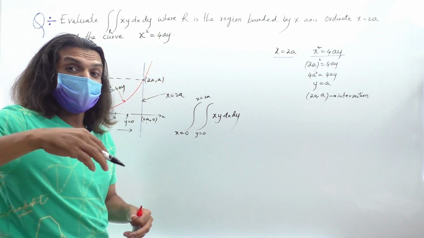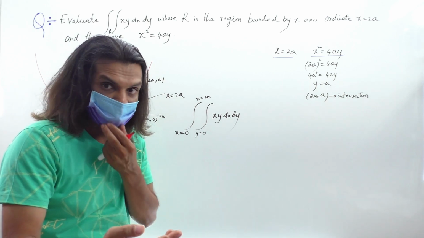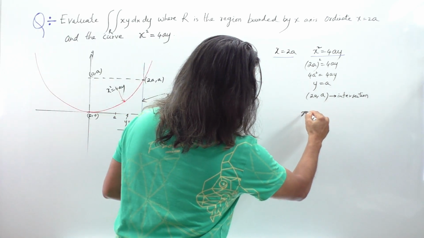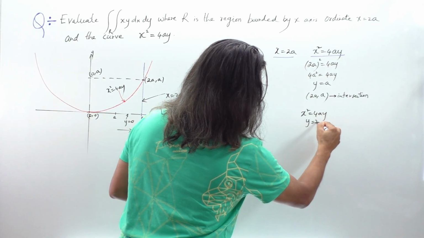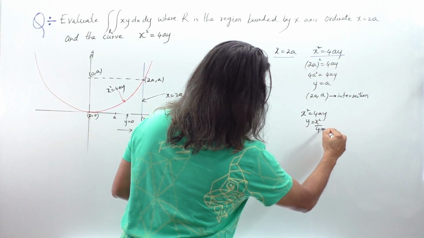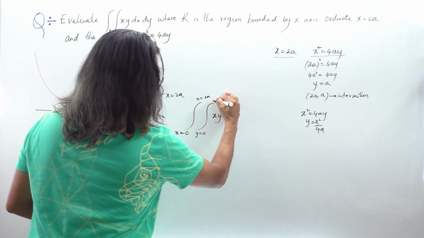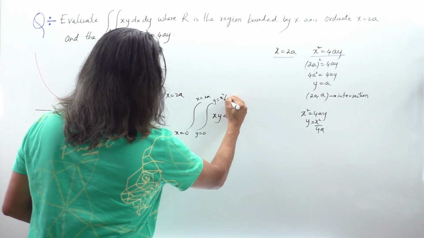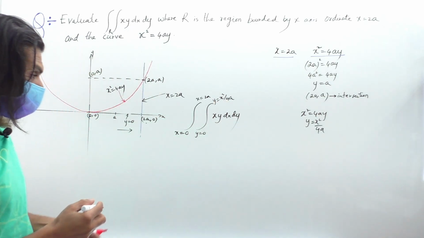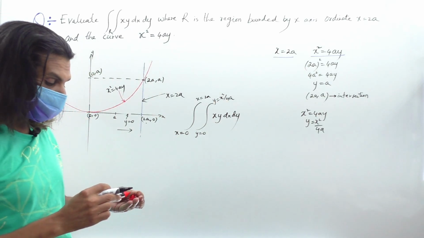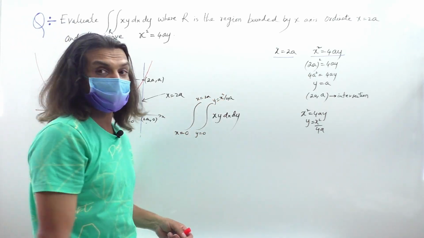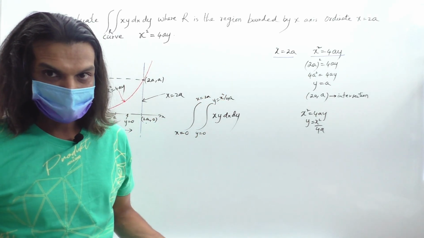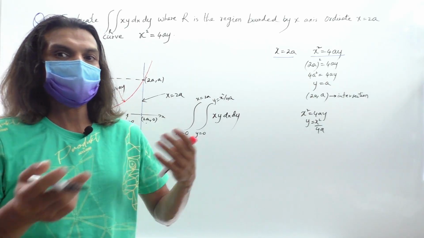That means you have to write it in terms of y. x square is equal to 4ay means y is equal to x square by 4a. So we have y is equal to x square by 4a. Now, as you have got both the limits, x from 0 to 2a and y from 0 to x square by 4a, we can easily integrate, and that integration we had done in previous classes.